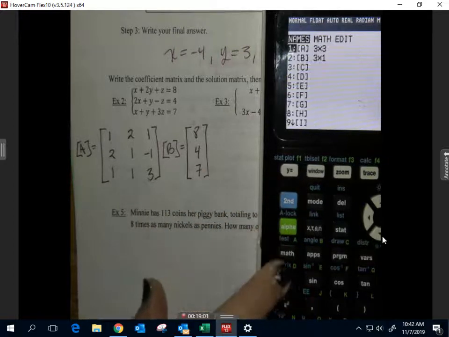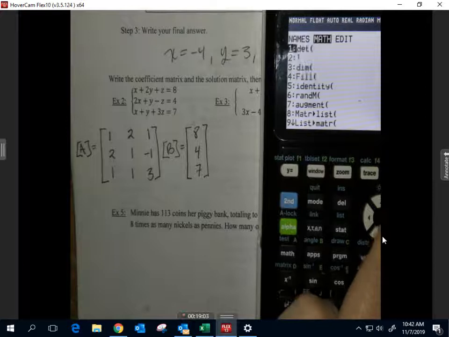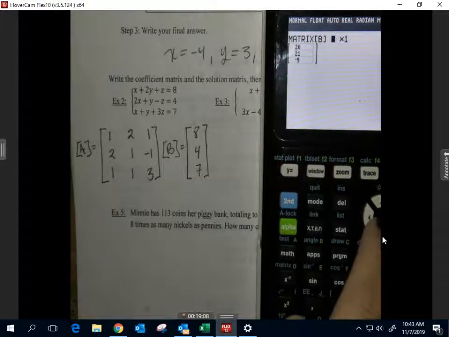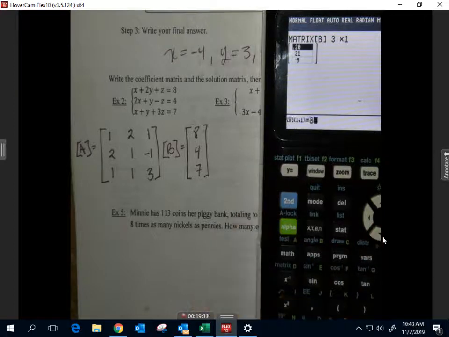Second, inverse, over to edit, 2 this time. And then you go down, and then you change those numbers to 8, 4, and 7. I'm hitting enter after each time I press the number, okay? Alright, thumbs up if you have matrix A and matrix B done in your calculator. I want to make sure you all got it. If you don't have it, we are going to do this again. So make sure you're paying attention to keep up.